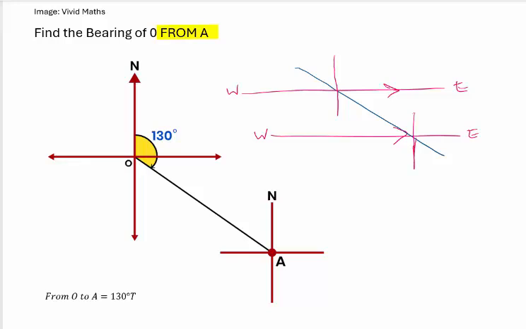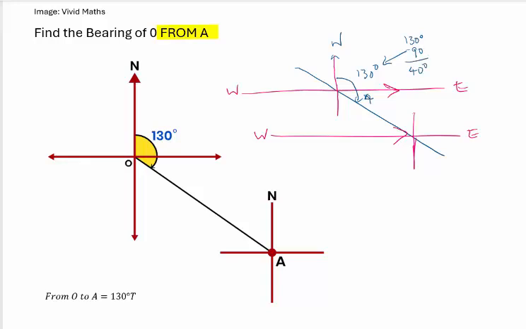So if you know your stuff from parallel lines, from the diagram this is 130 degrees. Now we've already discussed that this is 90. This angle here is 130 degrees take away 90 degrees, which we worked out was 40 degrees.